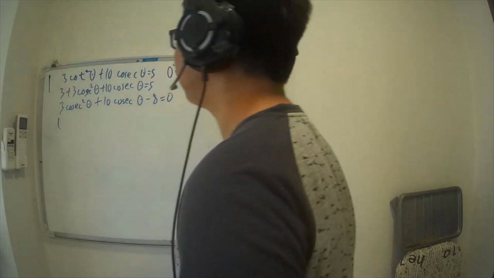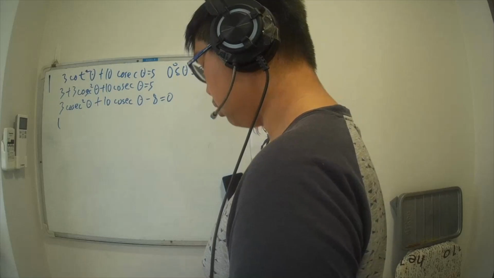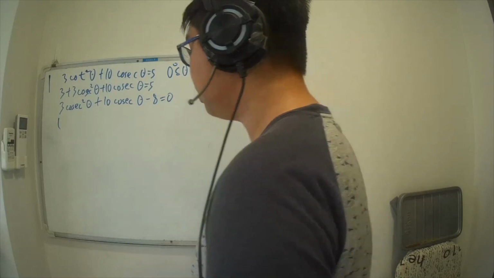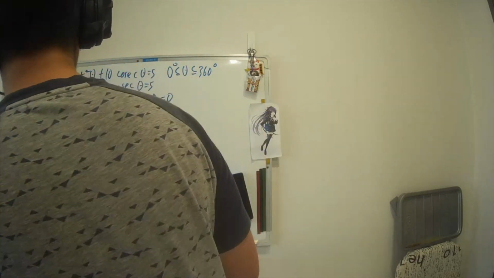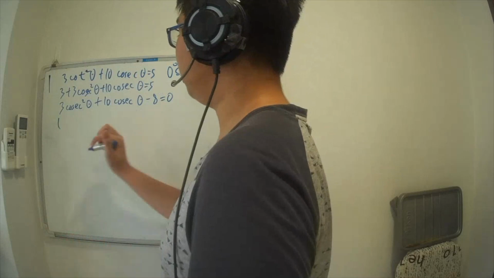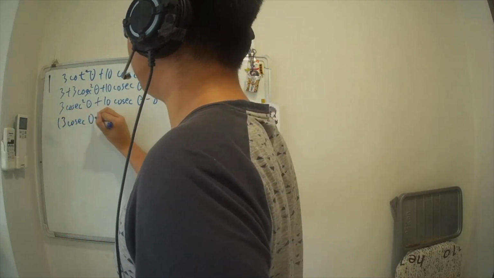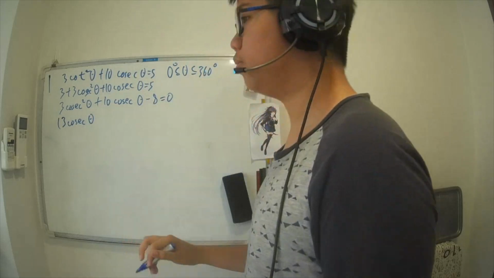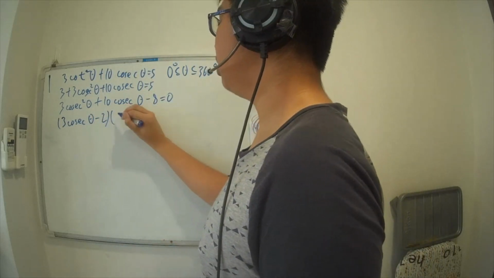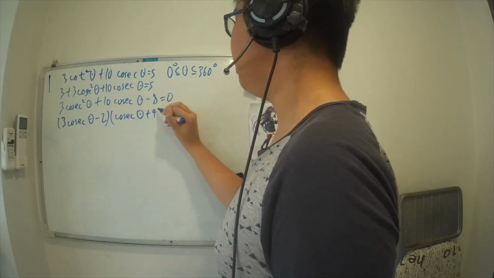How do I factorize this? This should be, yeah, 3 cosec theta minus 2 times cosec theta plus 4 is equal to 0, right?